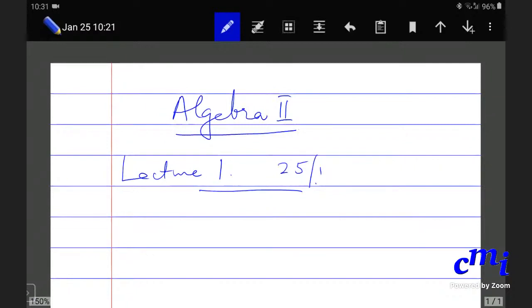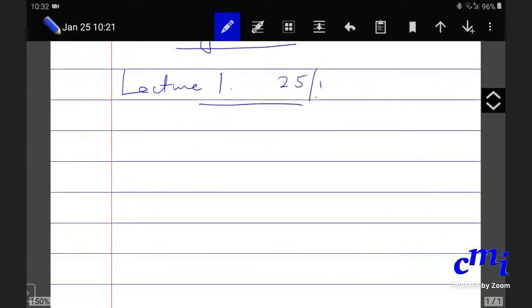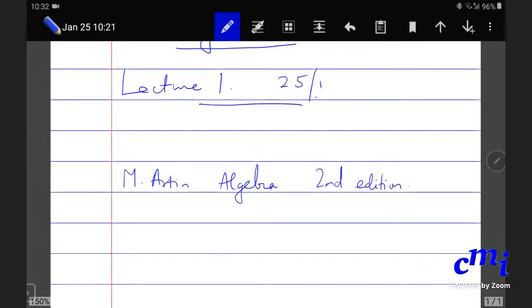For the most part, I will follow Artin's book, Michael Artin, Algebra, second edition. There is some difference between the first edition and second edition. The problem sets are different, and also in some other ways.